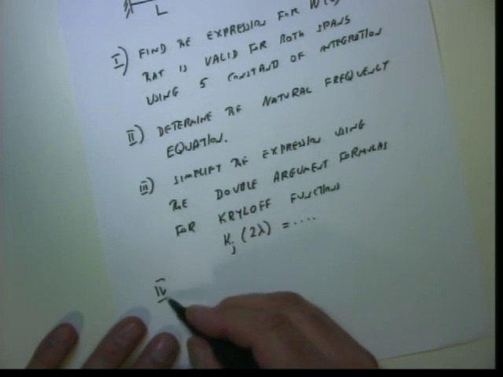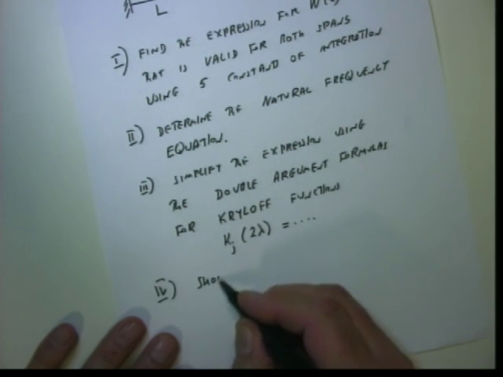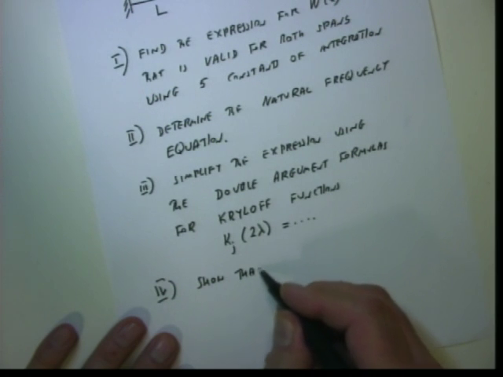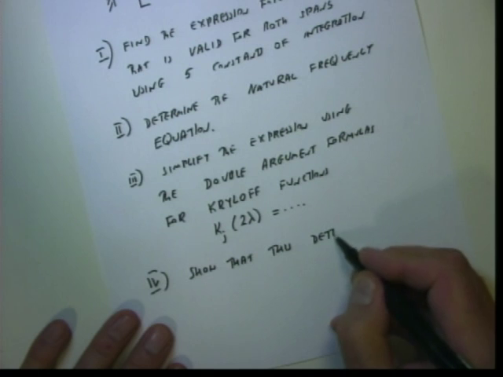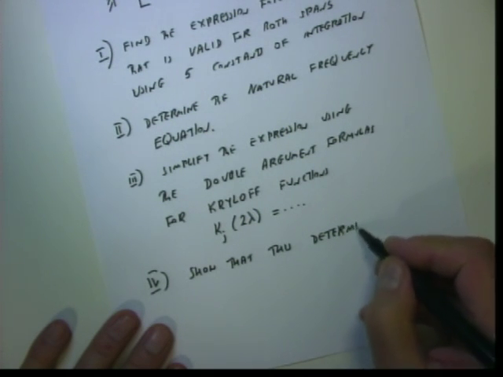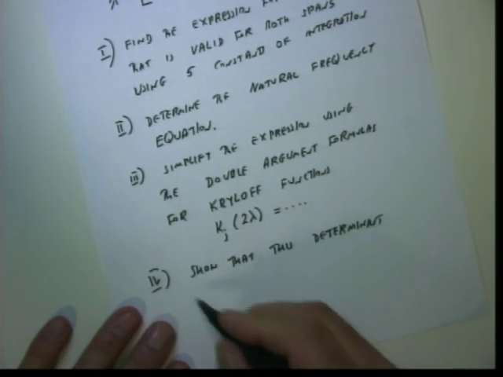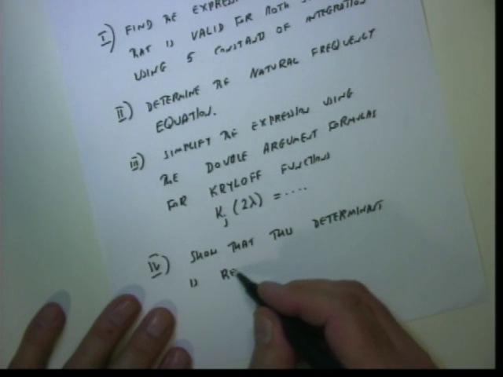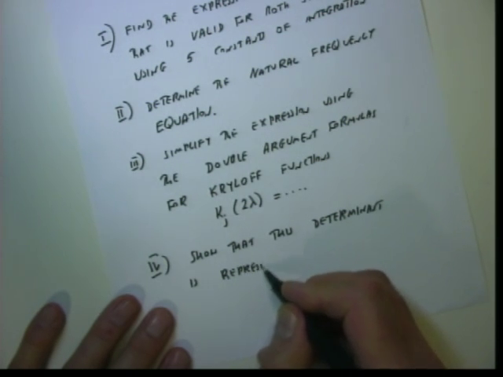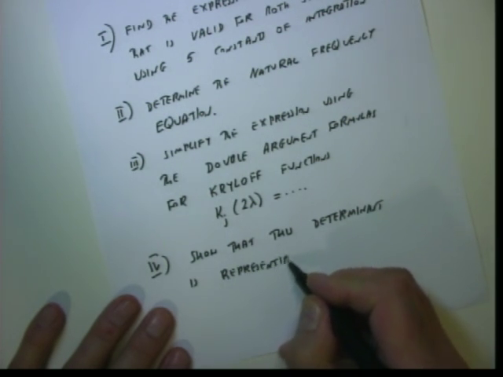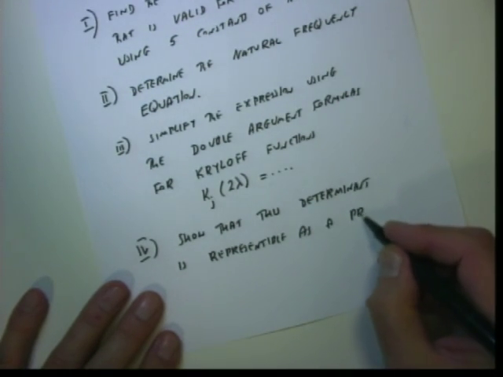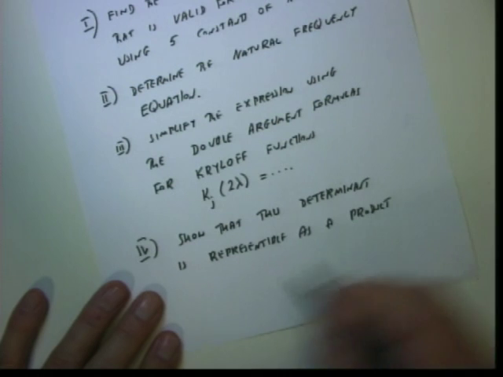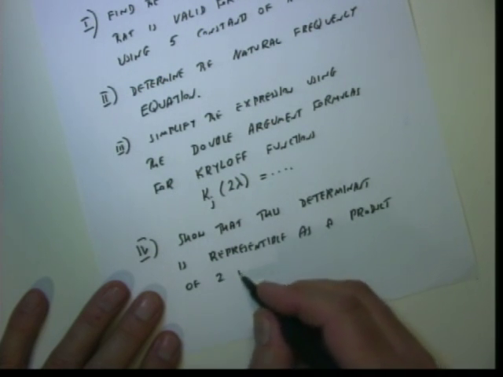4. Show that this determinant is representable as a product of 2 expressions.